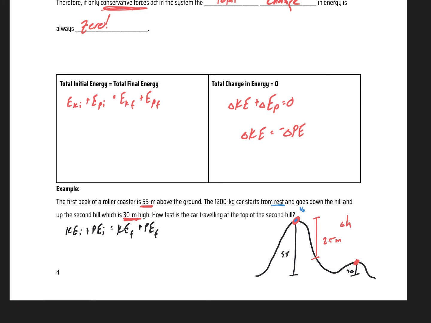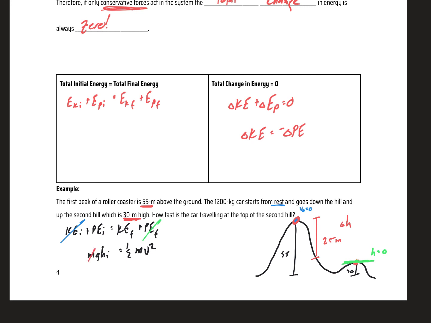So if the initial velocity here is zero, that means there's no kinetic energy at the top. Over here, we're assuming that this is the level that we're looking at, so the height here ends up being zero. So there's zero potential energy at the end of this. So what happens is we have the mgh initial over here on the left and the 1/2 mv squared over there on the right.